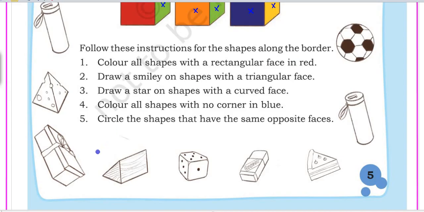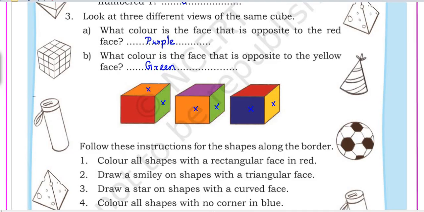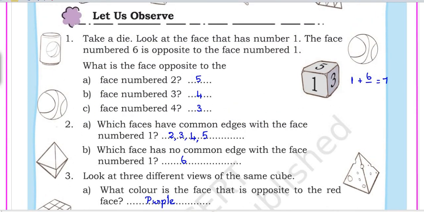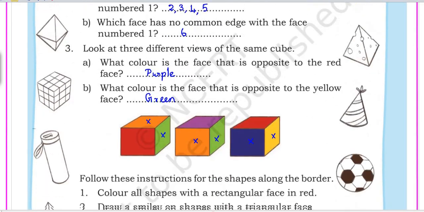For example, this is having a rectangle, so we have to color it with red. Then next, this is a rectangle, so color it red. Like this we are going to find rectangular shapes and color them with red. This is an activity for you, you can just do it.